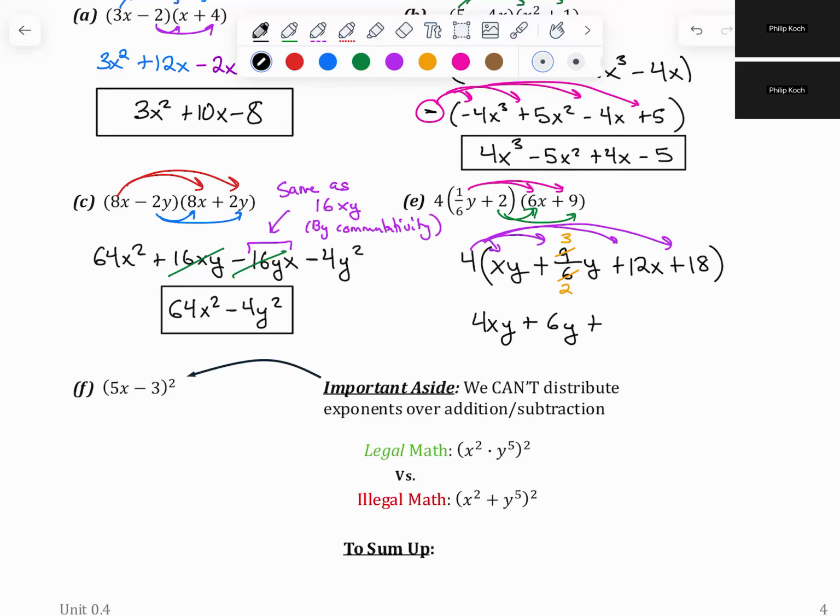And then 4 times 12, that's 48x. And then 18 times 4, that's 40 plus 32, which is 72. Right? Excellent. I can do my arithmetic. I'm going to need this anyways for my next class. And that is our final answer. Any questions on that one?